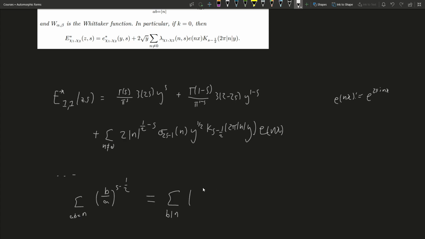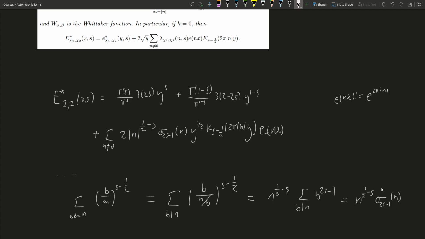So what we end up getting is b divided by n over b to the s minus 1/2, and then of course here we can just do some elementary manipulations, and we get n to the 1/2 minus s times the sum b divides n of b to the 2s minus 1, which is exactly what was written above, n to the 1/2 minus s sigma 2s minus 1 of n.